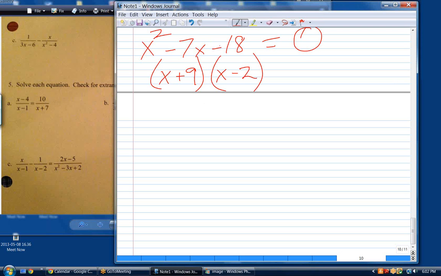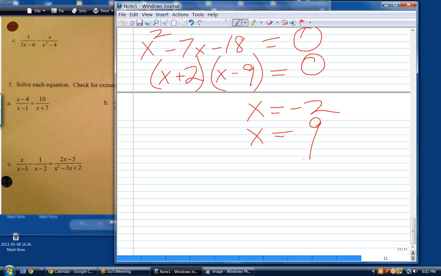The way we want to do this is we want factors of 18 that subtract to the number 7, and we want to put the biggest factor with the sign of the middle term. So I don't want to put the 9 there and the 2 there. I want to put the 9 with the negative sign because the negative sign is in the middle term. And that gives us a middle term of minus 7x. Oh yeah, that would have given us a positive. Right. So my solutions are x equals minus 2 and x equals 9.